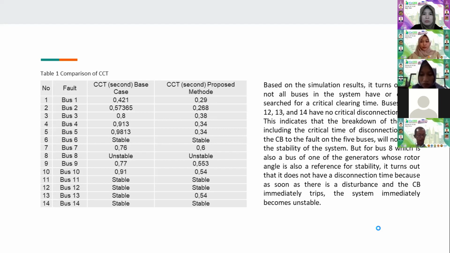Clearing the fault from the CB on these 5 buses will not affect the stability of the system. But for bus 8, which is also a bus of one of the generators whose rotor angle is a reference for stability, it turns out that it does not have a disconnection time because as soon as there is a disturbance and the CB immediately trips, the system immediately becomes unstable.